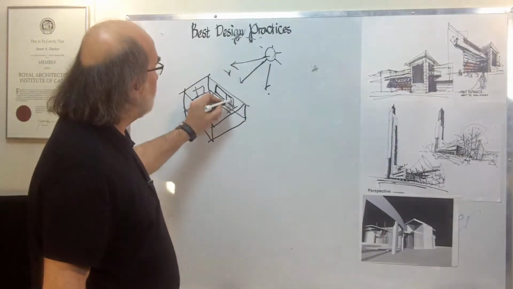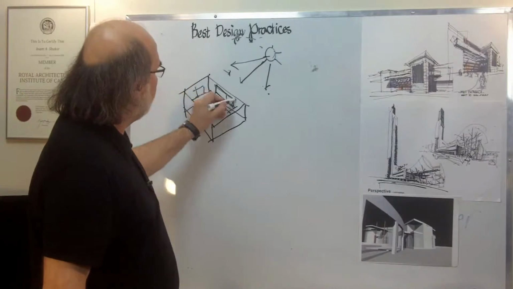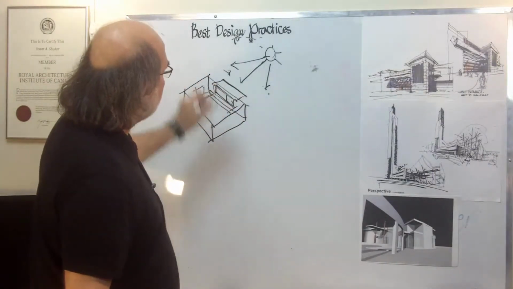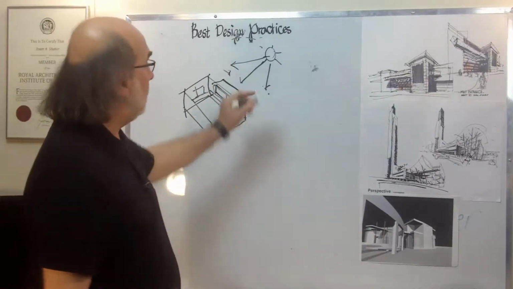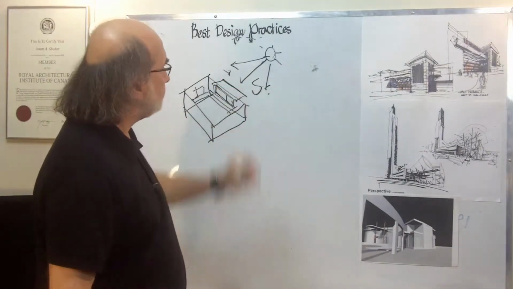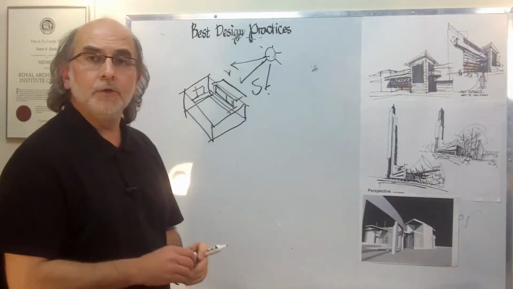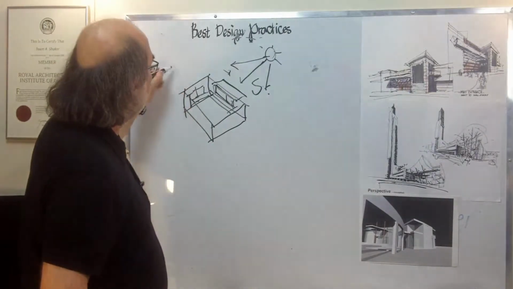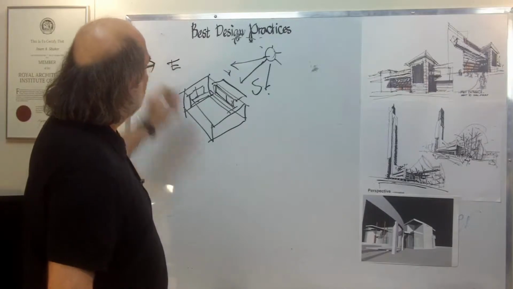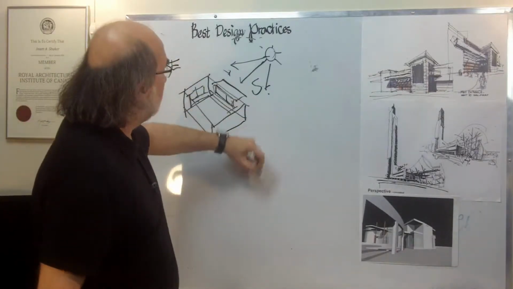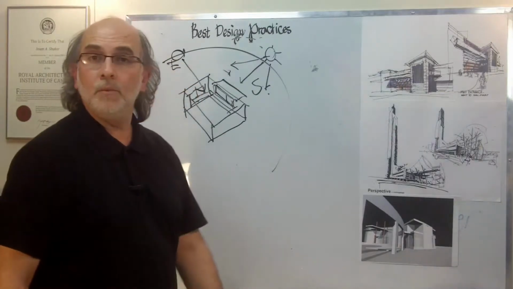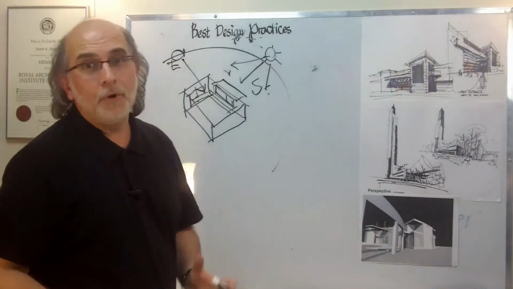This solution, to open up more towards the west, or to add a deck more to the south, would be a very good design decision, versus having a chance to open up towards the east, where the eastern sun, again I'll draw that, would hit that window at probably the wrong time.